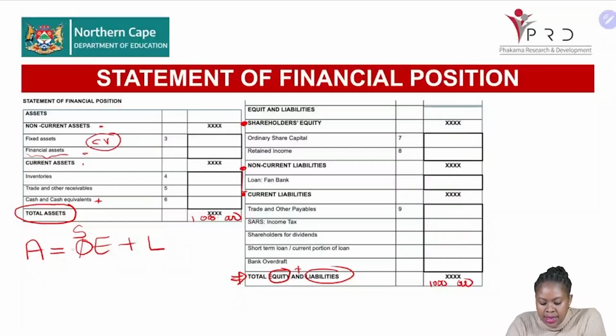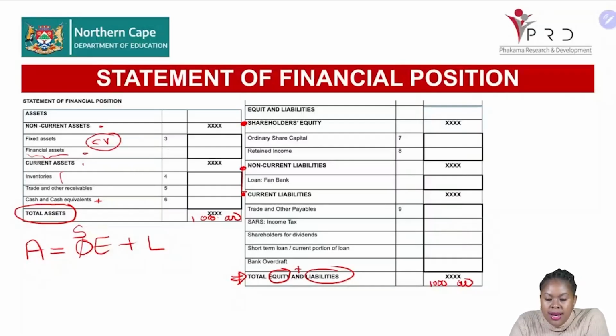Okay, so then let us go to the current asset aspect. Now, our current assets are the assets that we are going to own for 12 months or less, okay? So we've got our inventories. That is our inventory on hand, whatever is left over from the previous financial year. So the inventory that was not sold in this financial year, plus the consumables on hand, meaning the stationery or packing material that we did not use in this financial year, then obviously that is what we are going to put there.